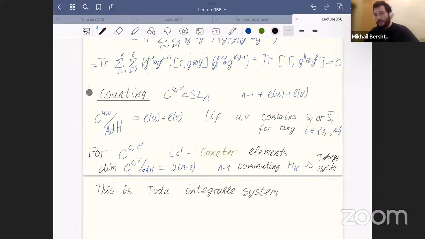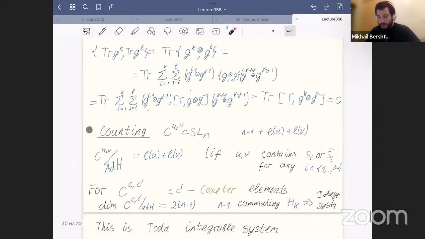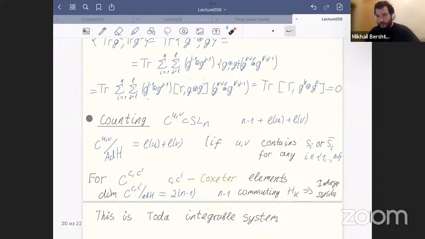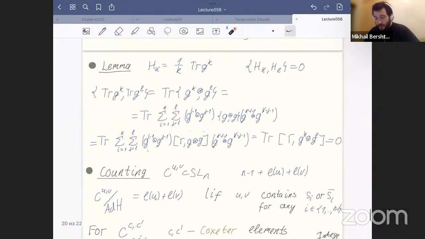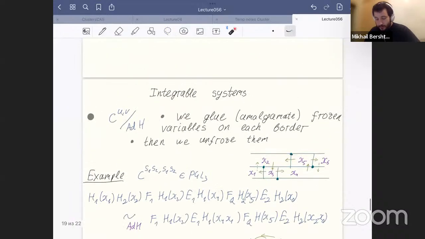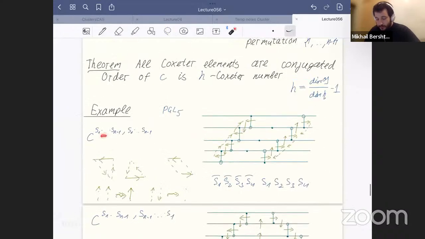To be more precise, what is usually called Toda is an integrable system which we obtain in such a manner for this choice of the Coxeter element. And for other choices of Coxeter elements, we obtain integrable systems which look a bit differently, but actually they are equivalent due to mutations and so on.